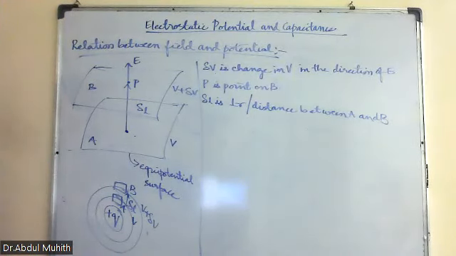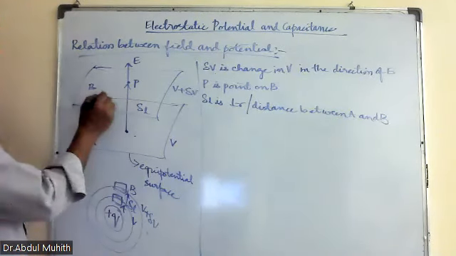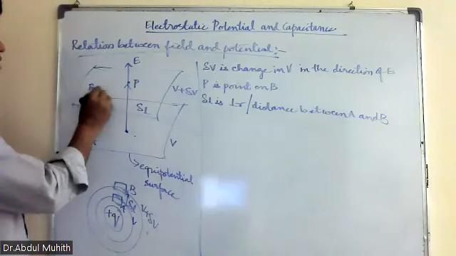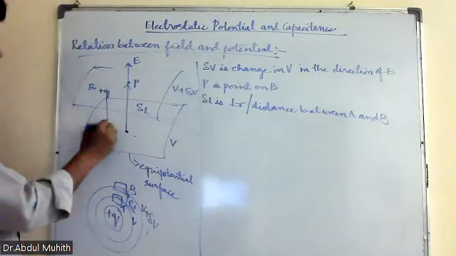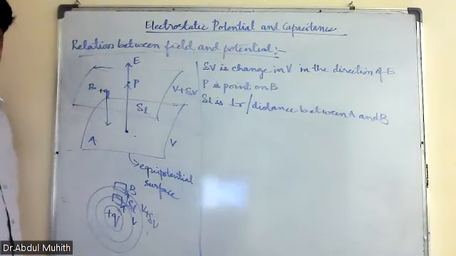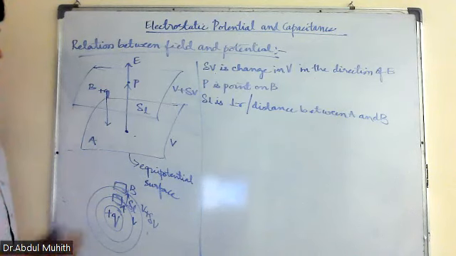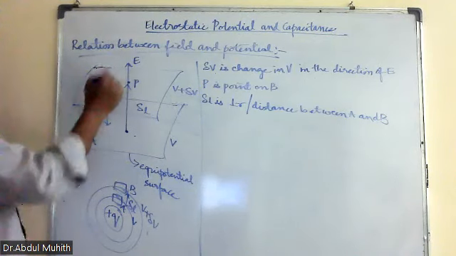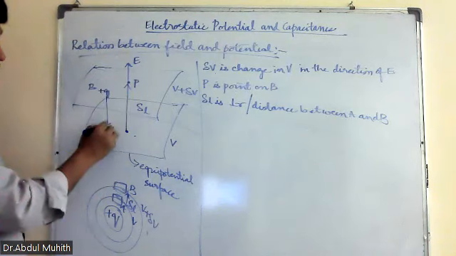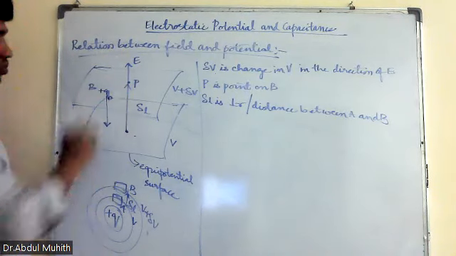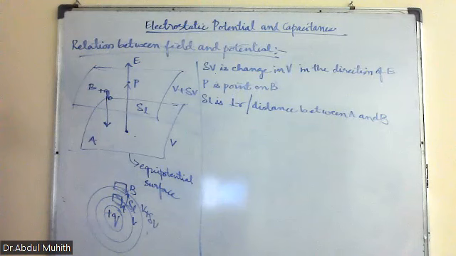Now, suppose a unit positive charge is made to move from B to A. A unit positive charge means plus Q naught. We are going to move this unit positive charge from surface B to surface A, against the electric field, because the electric field is outward and it is moving inward. A unit positive charge is only one charge.